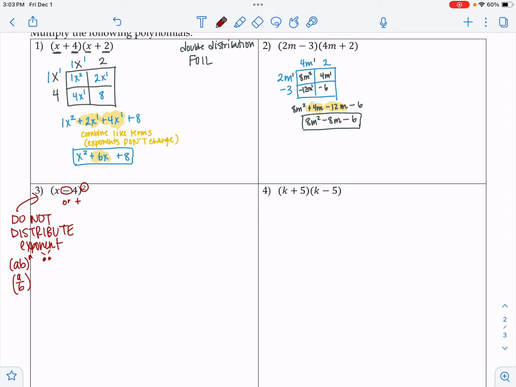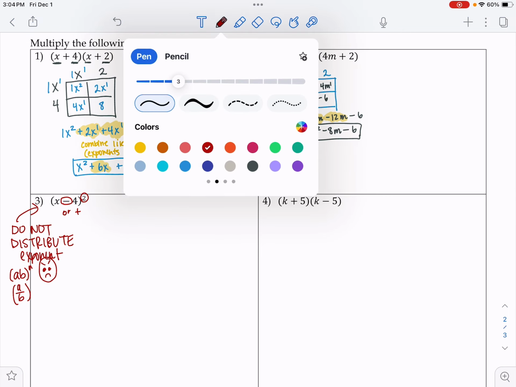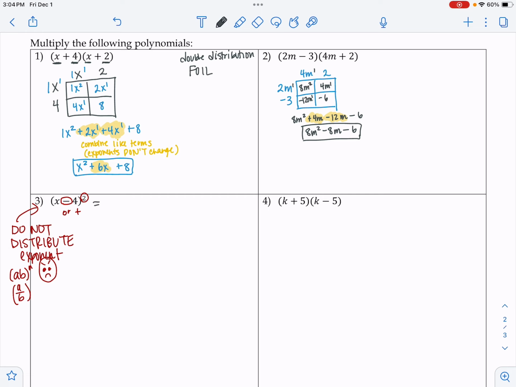So make this note, remind yourself, do not distribute to minus or plus, because x minus 4 squared is the same thing as x minus 4, x minus 4. We need a box for that. Same if it said x plus 4, that would be x plus 4, x plus 4.